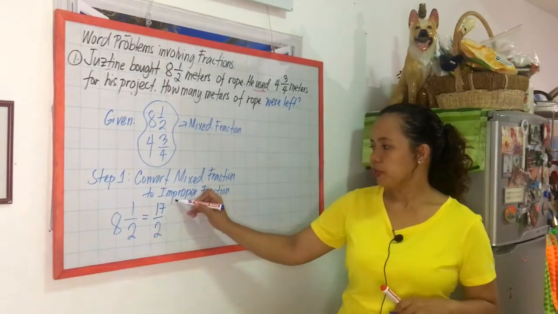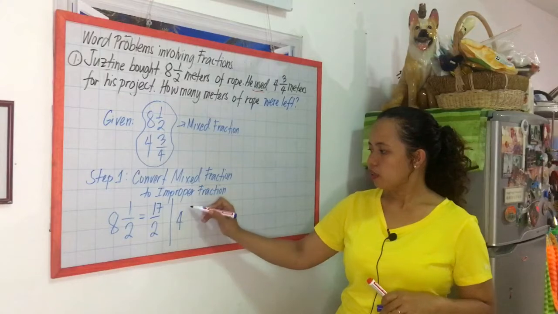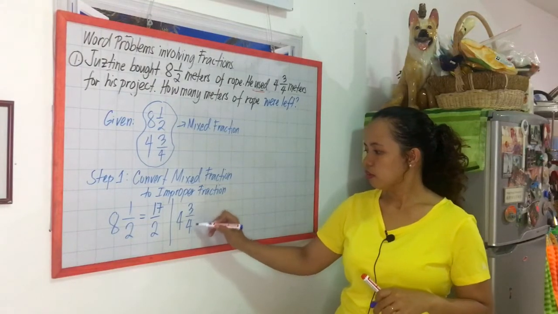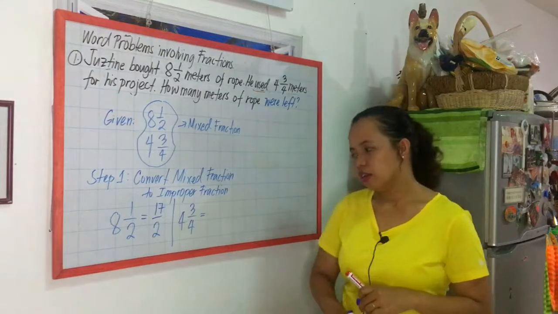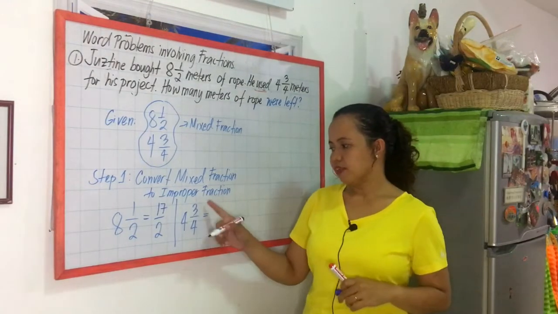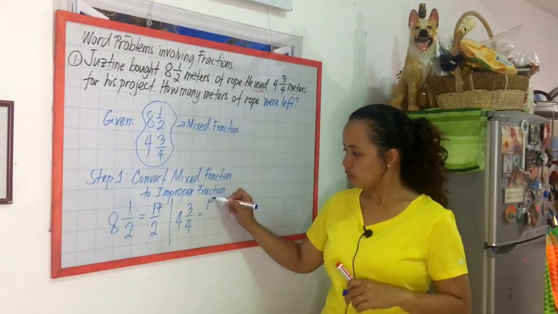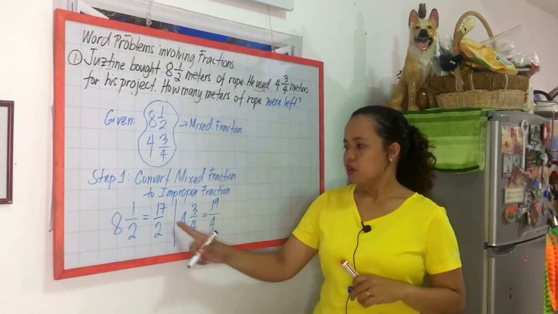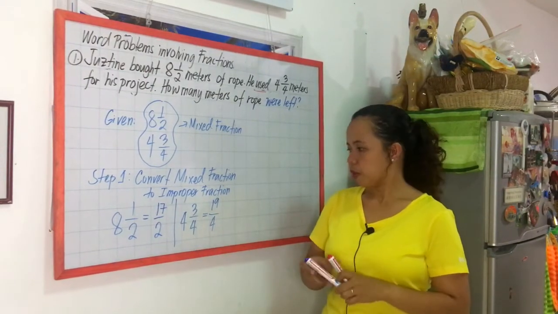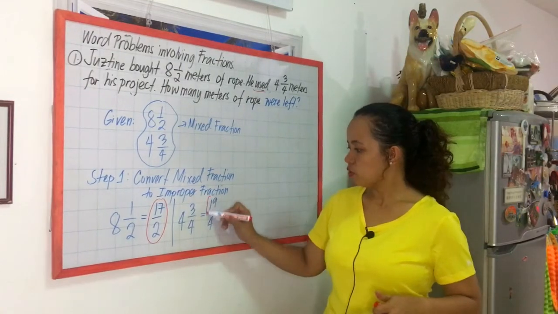Second one, ito naman, 4 3/4. Gawin din natin siyang improper fraction. 4 times 4 is 16 plus 3. 16 plus 3 is 19. So, 19 over 4. Bakit nga ba tinatawag na improper fraction?